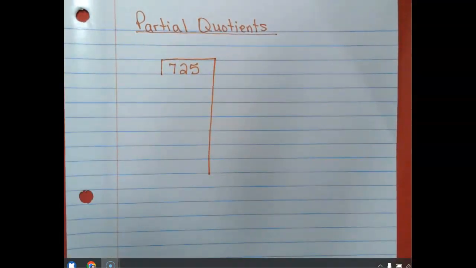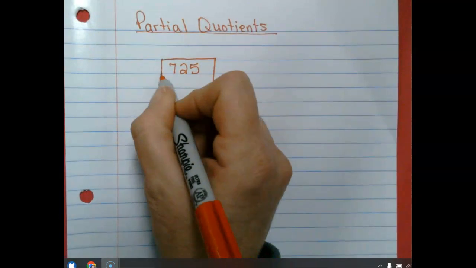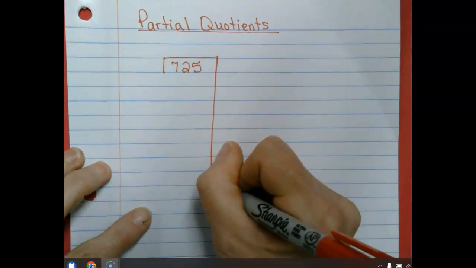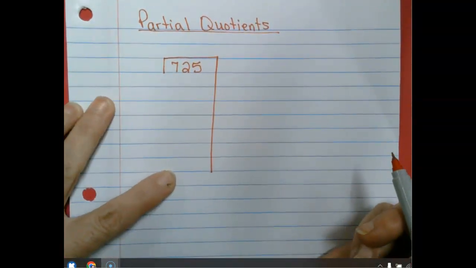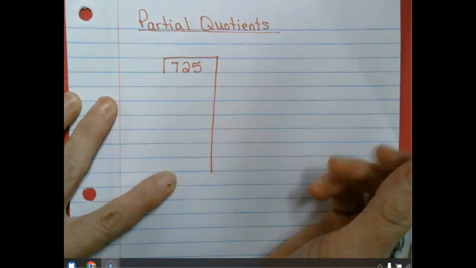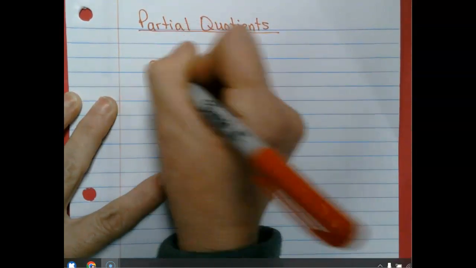I've also said that this looks like the thing in the game Hangman, where you draw the big thing and you put your little guy down here as you start losing body parts or whatever. So you can think of it however you want. I don't know exactly what you call that thing in Hangman, so I'm going to call it the big seven. Okay. So I'm going to divide my dividend of 725 by my divisor of 3.